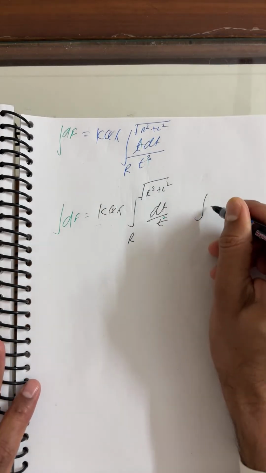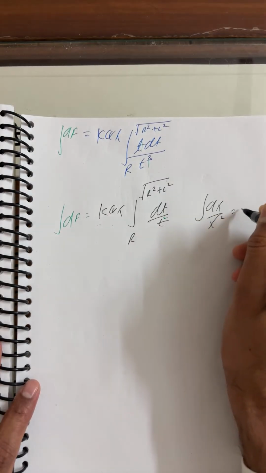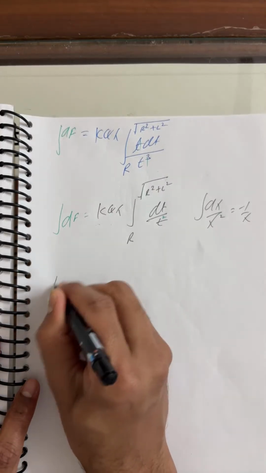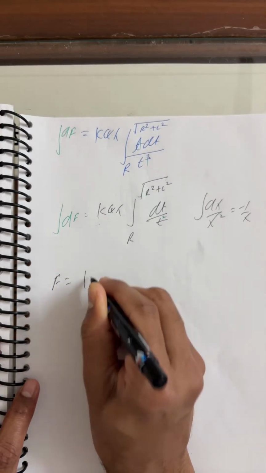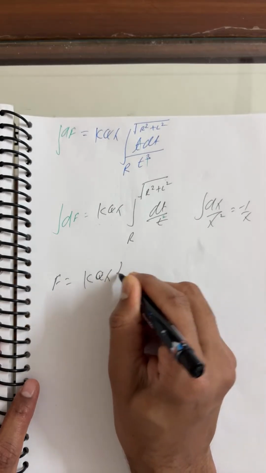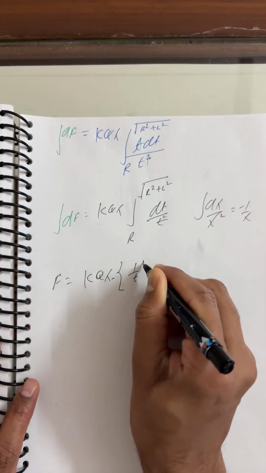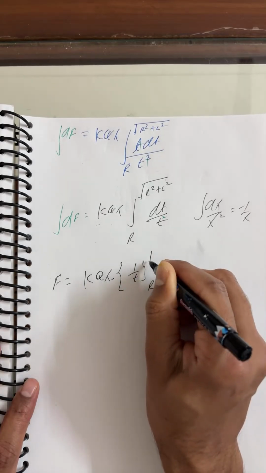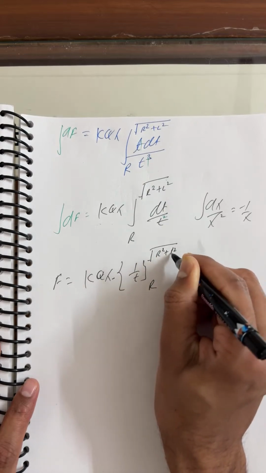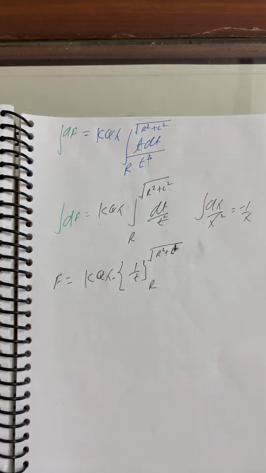I hope all of you remember yesterday I already said the integration of dx upon x square is minus 1 by x. So df becomes f, this is k q lambda into minus 1 by t, r into root of r squared plus l squared.